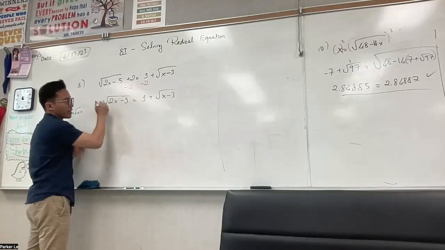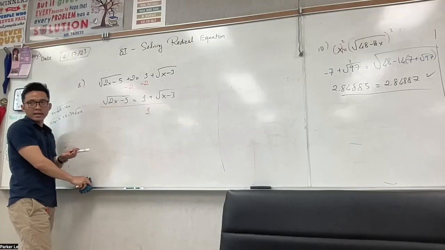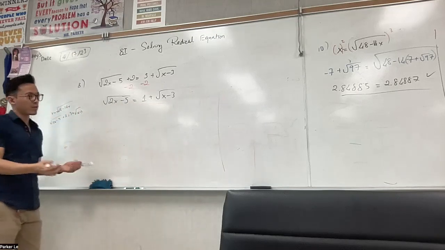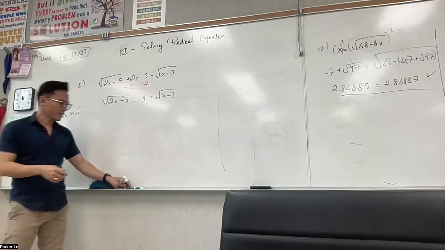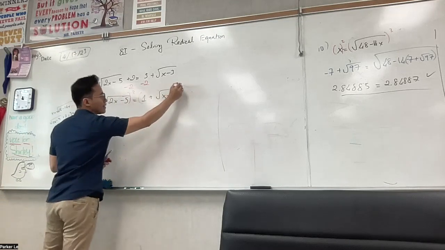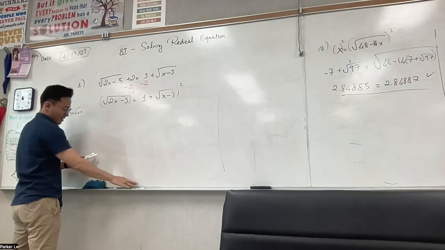Anyway, if you divide by 1, nothing changes. 7 divided by 1 is still 7. So what are you going to do with this? Square. Square, yes. There we go. So 1 point for Mayo.